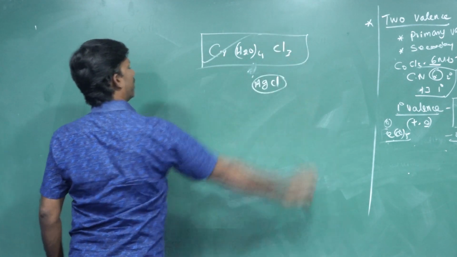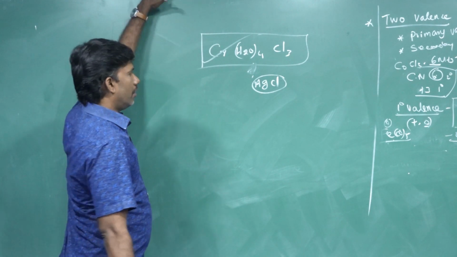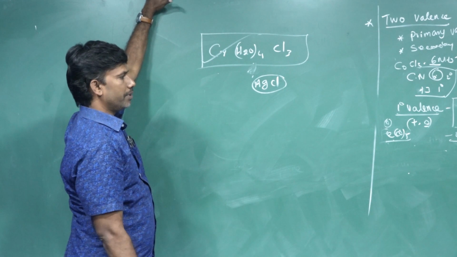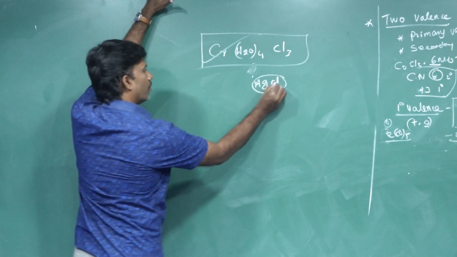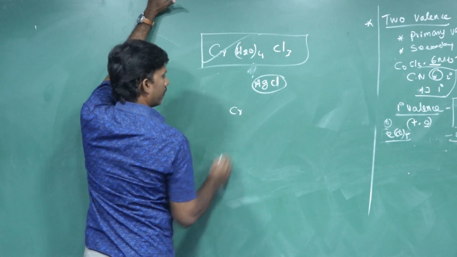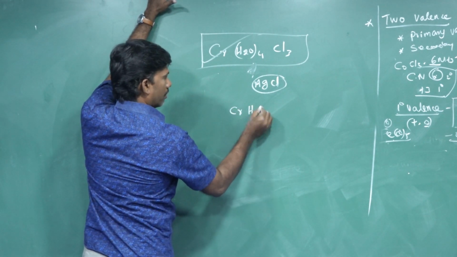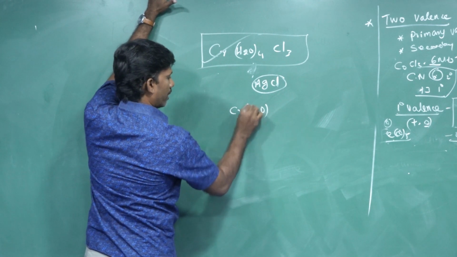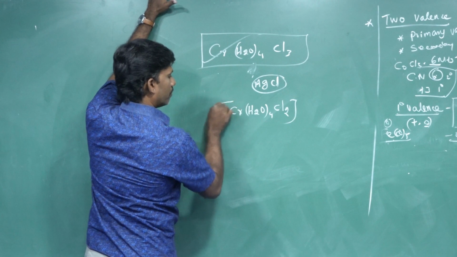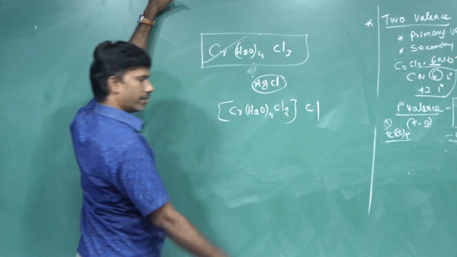The formula will not be given. The question is: what is the formula and the primary and secondary valency? See, 1 mole of AgCl formed means 1 Cl should be outside. So I am writing the formula: Cr, H2O 4 times, and Cl. This will be the formula.